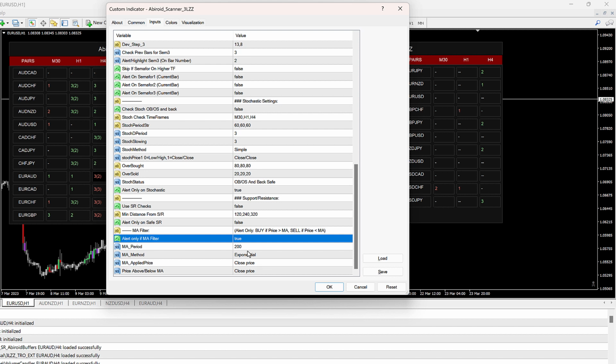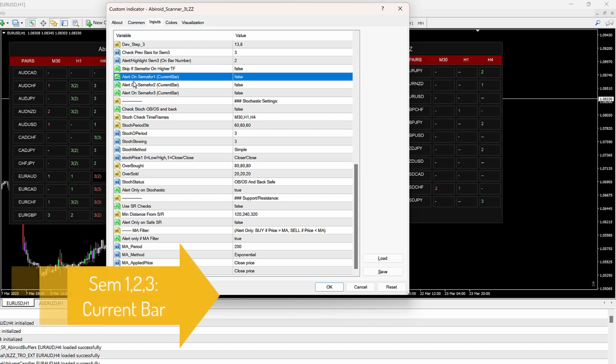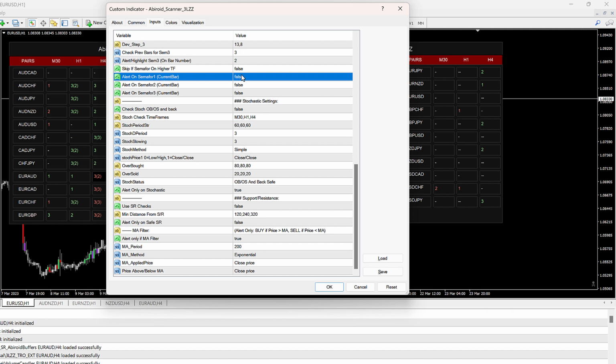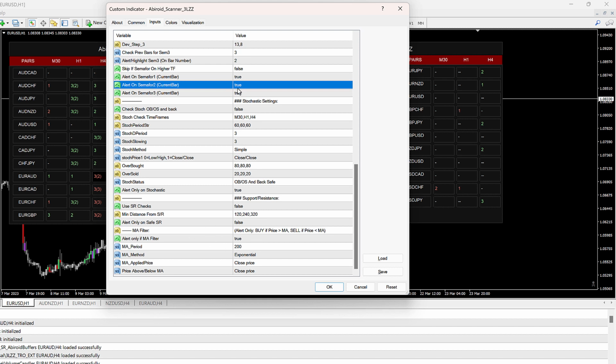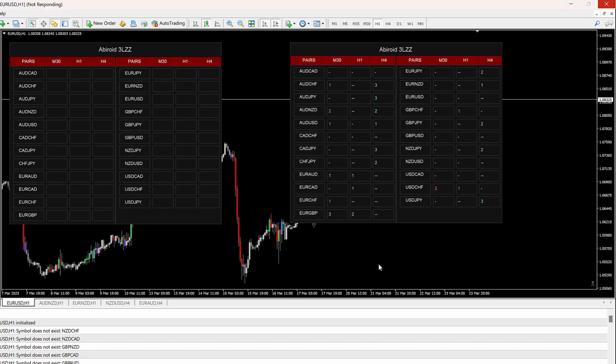And finally, if you're only interested in getting alerts when semaphore 1, 2, or 3 happen on the current bar, in that case, you can set these to true. And once again, if you're using the MA filter, it will only show you the filtered out alerts. So I'll just set this to false, and everything else is also false, which is why it will only focus on semaphore 1, 2, and 3 on the current bar, those alerts.